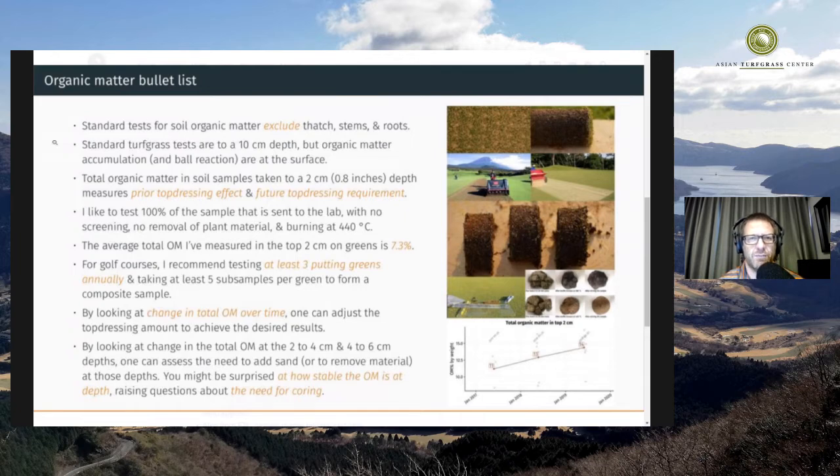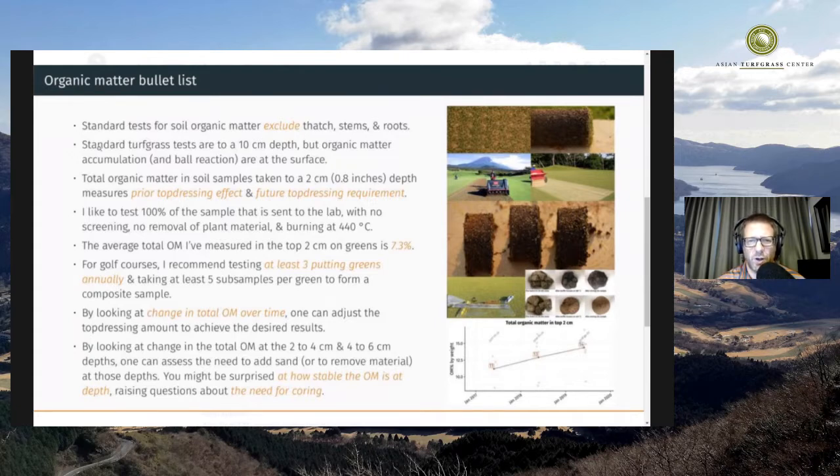So the organic matter measurement returned by an OM246 test is designed specifically to measure everything. It doesn't screen out or remove any of the undecomposed material.